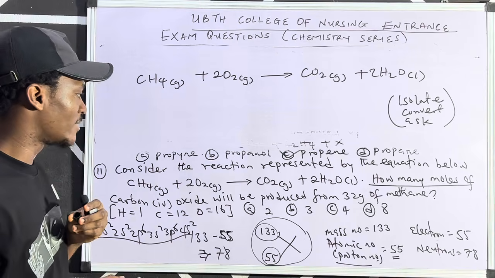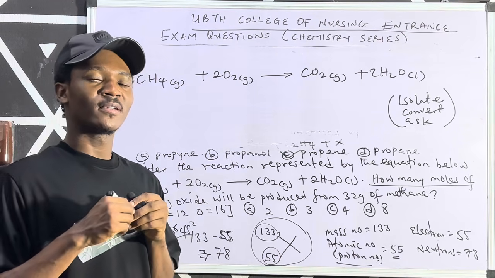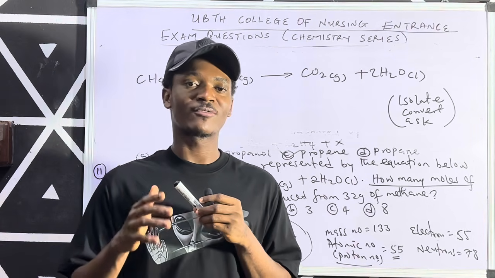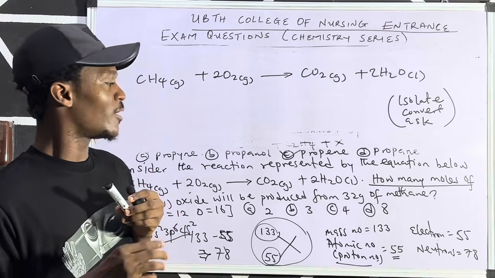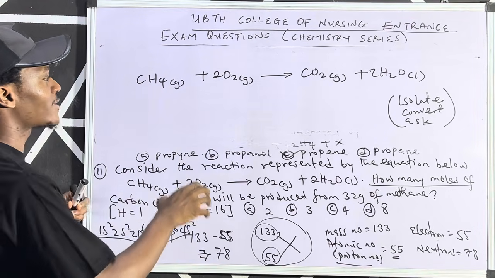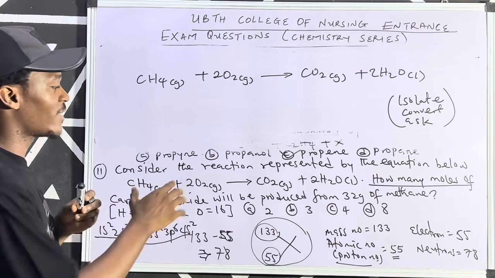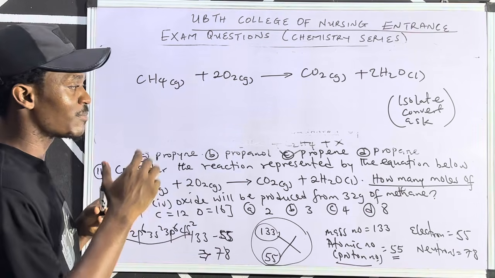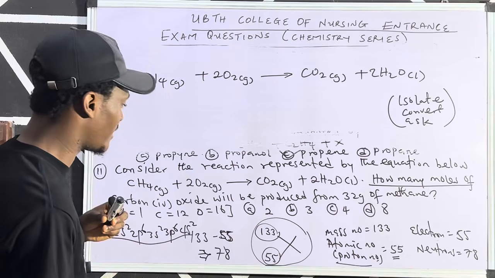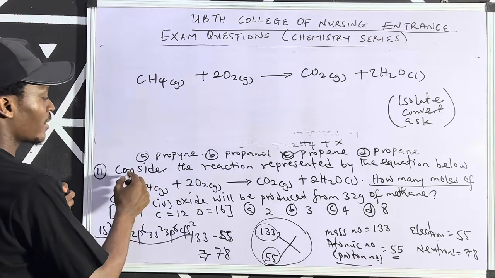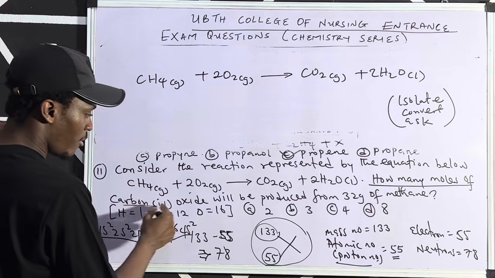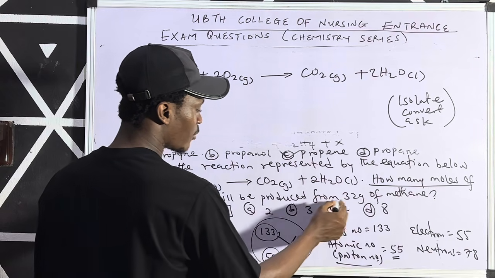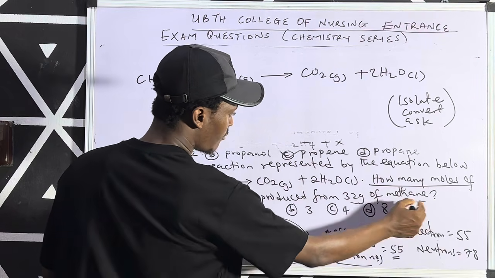What are we isolating? We should isolate what is relevant from what is not relevant. It means we should bring out those things of relevance in this reaction, the information that has been provided. Consider the reaction represented by the equation, and this is the equation. Carbon dioxide will be produced from 32 grams of methane.